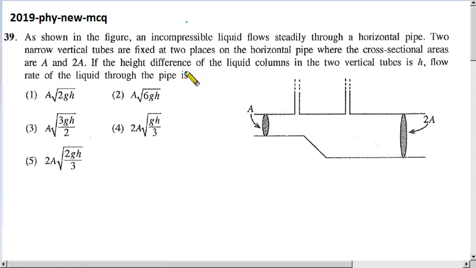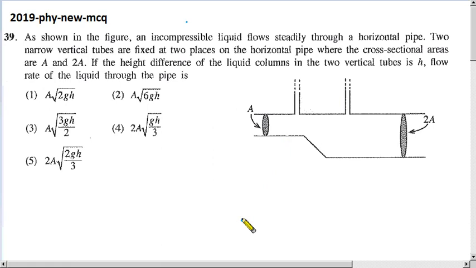So if the height difference of the liquid columns in the two vertical tubes is h, the flow rate of the liquid through the pipe is, and they want us to find the flow rate.